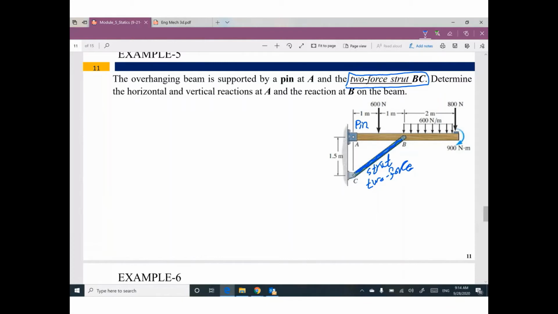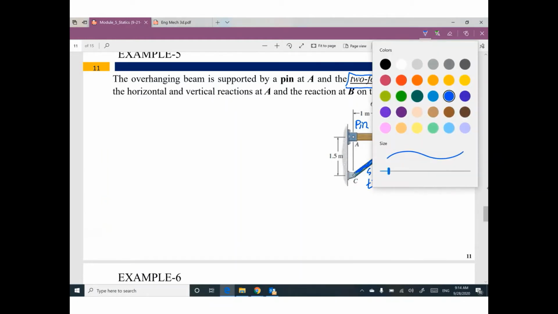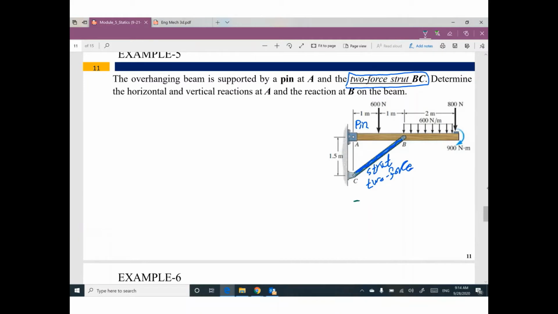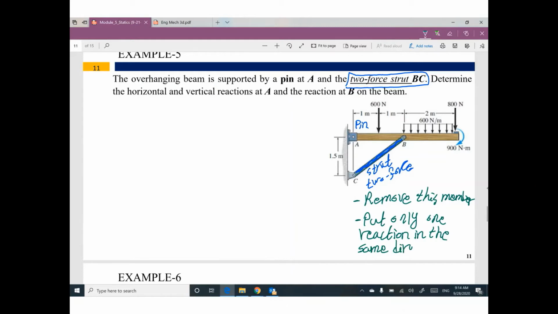So if you have a strut member, in your beam or your structure, whatever the type of the structure, go ahead and remove this member. Go ahead and put only one reaction in the same direction of this member.